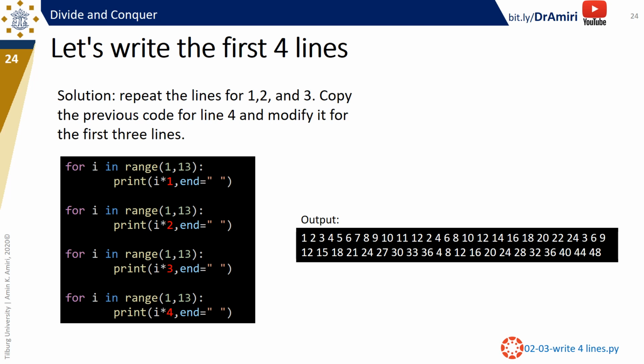All numbers are printed, but after printing 12, I would like to see that the cursor for the printer goes to the next line and starts printing 2, 4, and 6 in the next line. And it's the same for 3, 6, 9, and for 4, 8, 12. So the issue here is that we need to have a kind of enter, backslash n, at the end of each for loop.